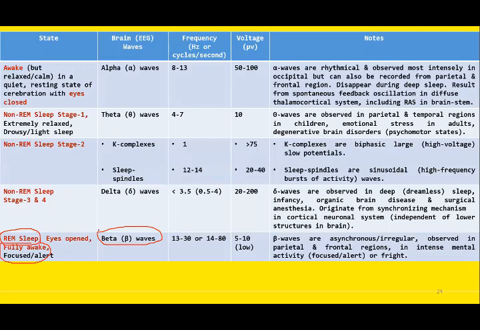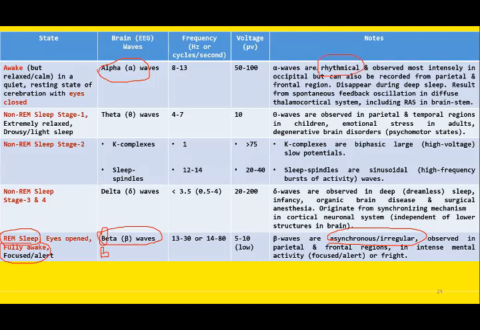So remember, beta for brain. When you use your brain activity, the EEG wave pattern will be beta type. And this beta wave, if you compare with the alpha wave, is asynchronous or irregular, whereas alpha waves are rhythmical or synchronous in nature.